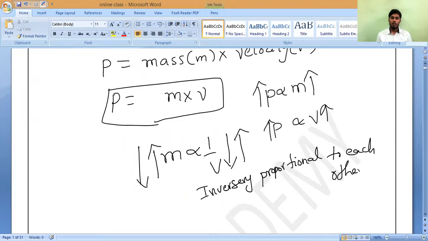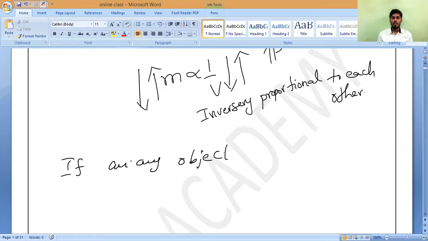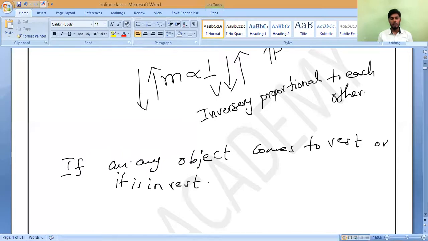As we know, momentum is present only for objects which are in motion. If any object comes to rest, is it having any momentum?